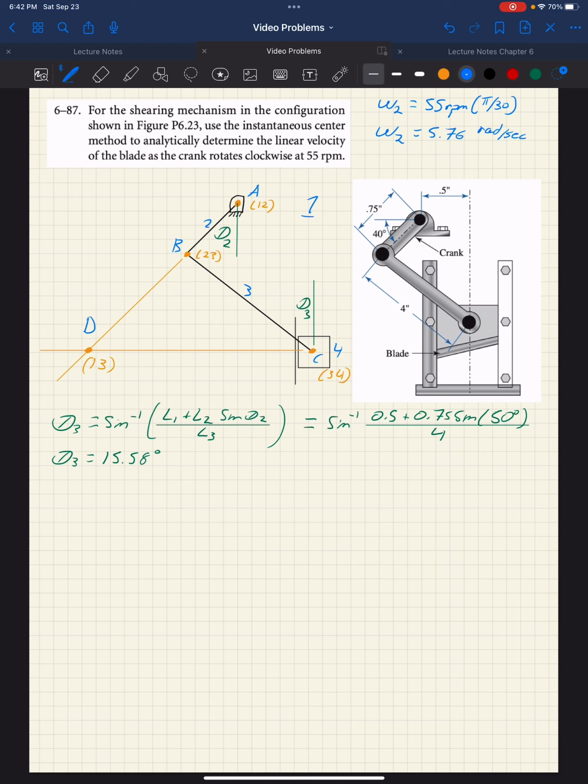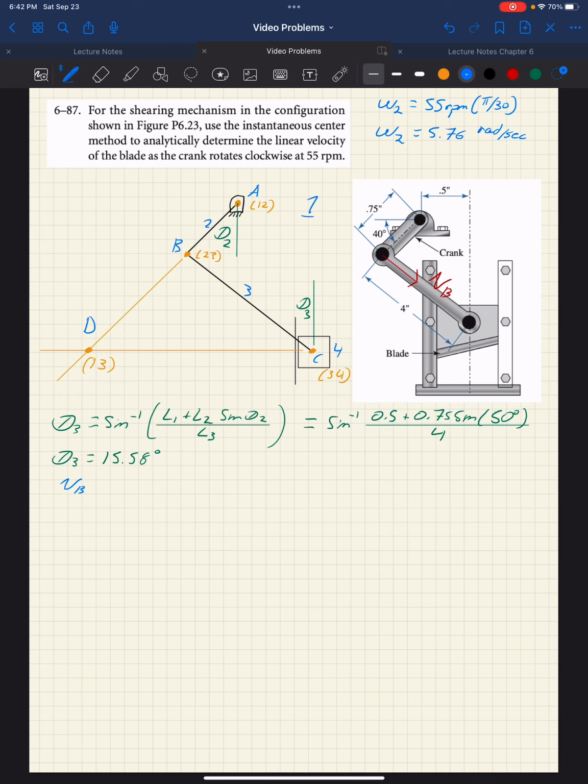Okay. Now that we have our omega 2, we can easily find the velocity at B. Let's draw this on the figure real quick here. The velocity at B is perpendicular to link 2, because link 2 is rotating around point A, so we have a velocity VB.